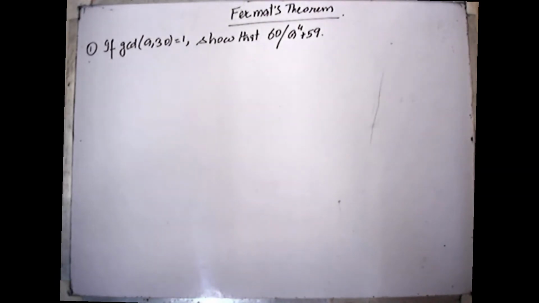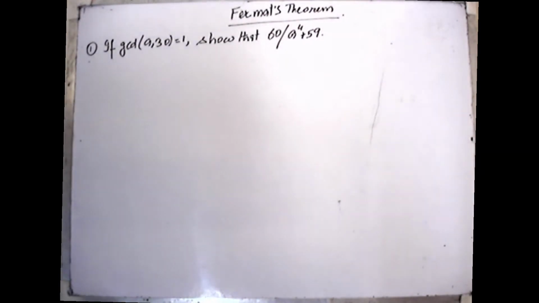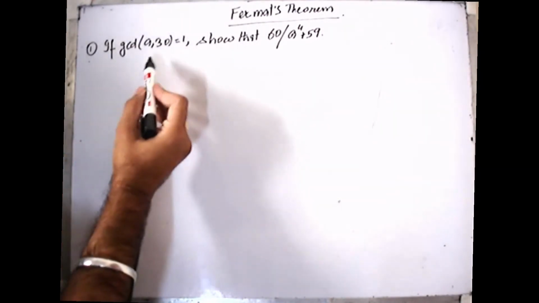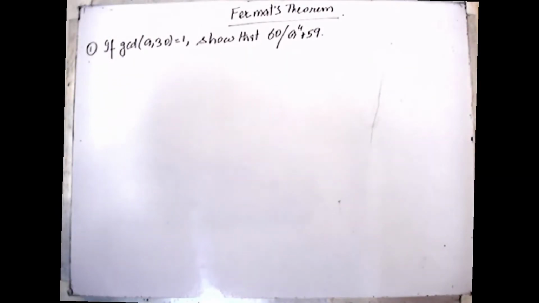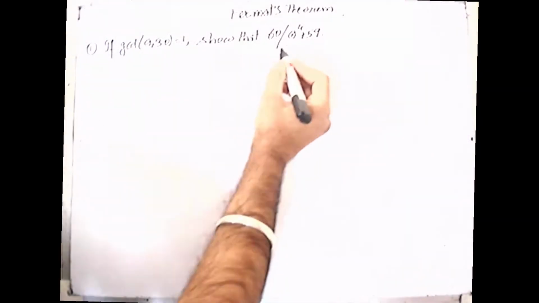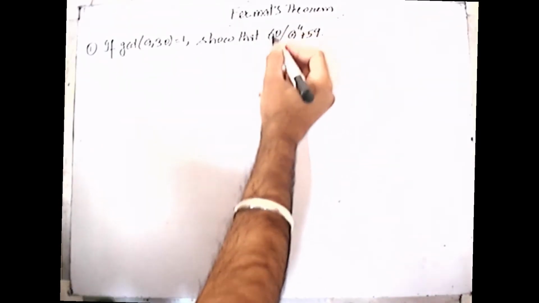So here the first numerical is: if GCD of a and 30 is 1, show that 60 divides a power 4 plus 59. First of all, we write the given statement in congruence form.